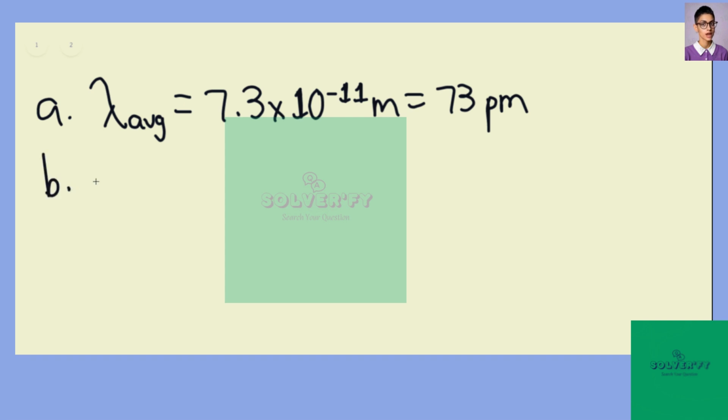We can then say for part B, the average separation would be equal to 1 over the third root of n.